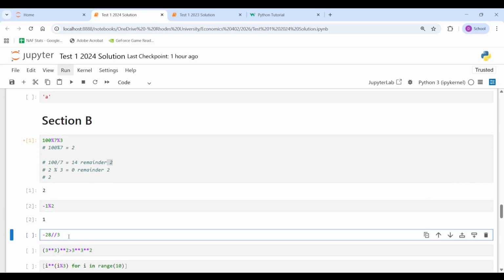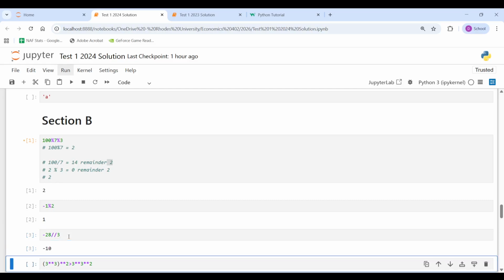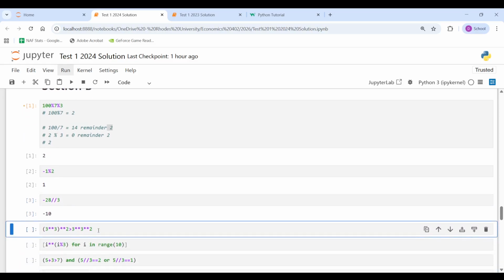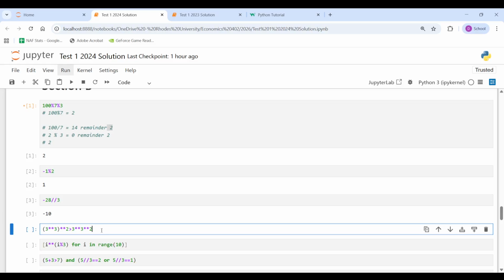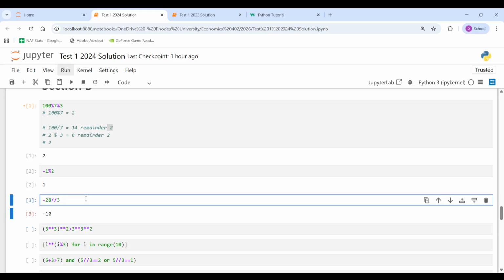Negative 28 integer division 3 is negative 10. We're all happy with that. Negative 28 divided by 3 would give us negative 9.333333.